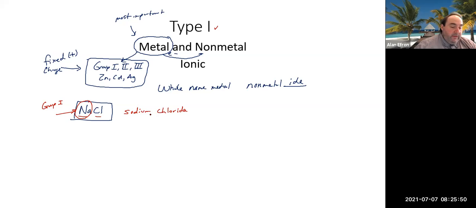Now, a couple of important things about ionic compounds, which I think we've touched upon, but just to officially go over it and make sure everybody's clear. When we talk about writing the formula for an ionic compound such as this, the formula for an ionic compound should never have a charge.